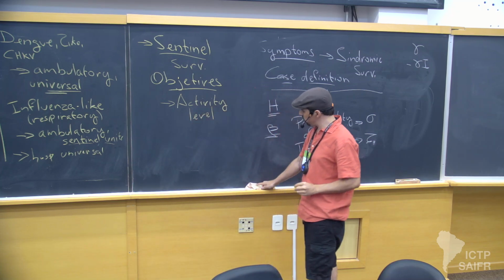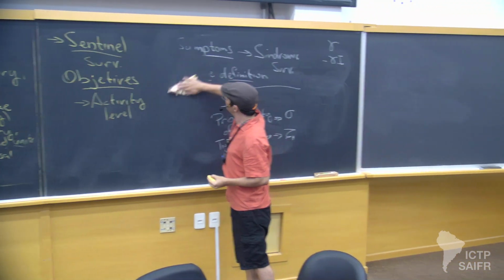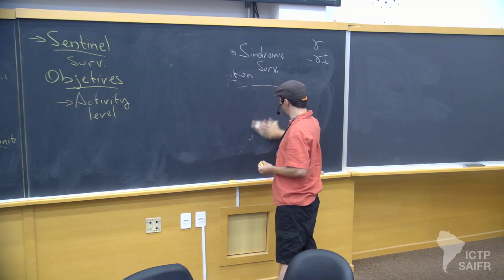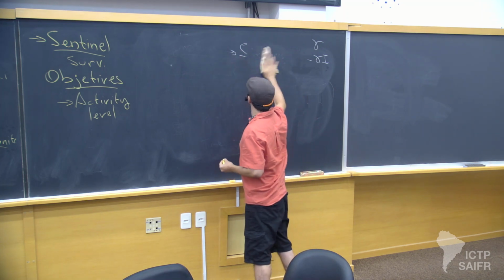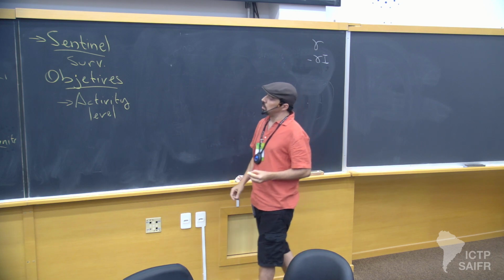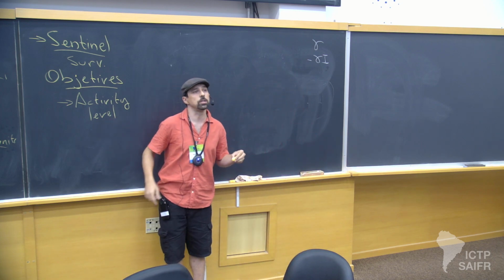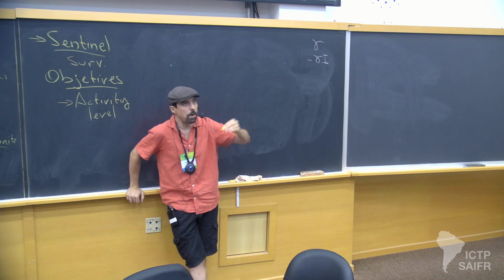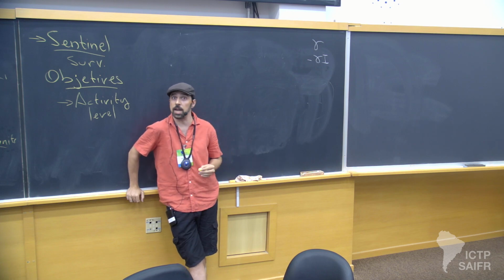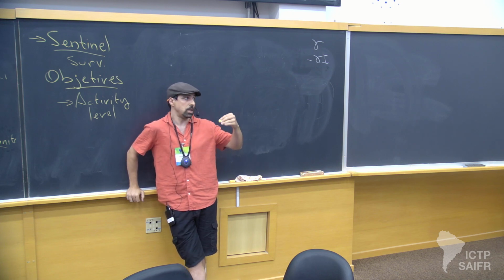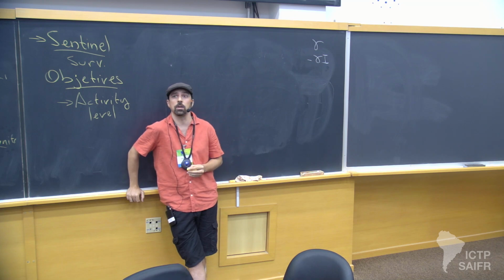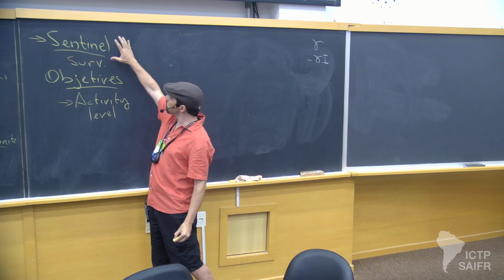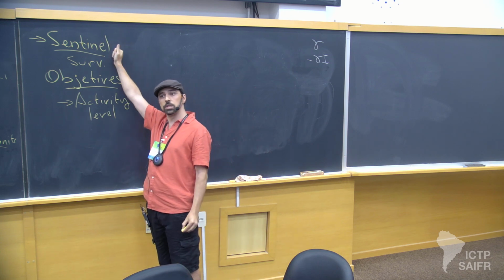If one of the objectives of my surveillance system is to be able to provide analysis of what is the current activity, to inform me whether the current situation is below what is expected, compatible with what I expect, or is already exacerbating my population, that is, already higher or significantly higher than what I expect, what are some of the characteristics that I must have in terms of those sentinel units?